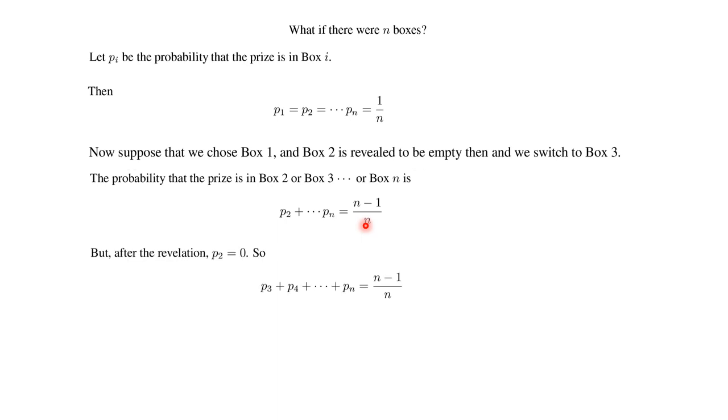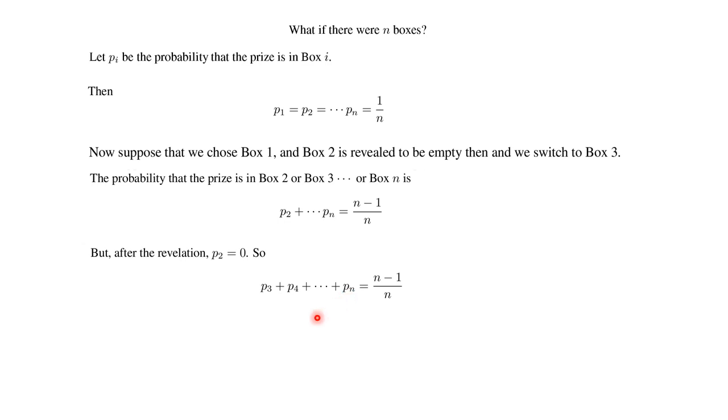But after he's shown that box 2 is empty, the probability P2 that it's in box 2 is 0. So in this sum over here, P2 is 0, and this remains the same. So the sum from P3 up to Pn is (n-1)/n. And they're equiprobable. They all have the same probability of occurring, and there's n minus 2 of these.